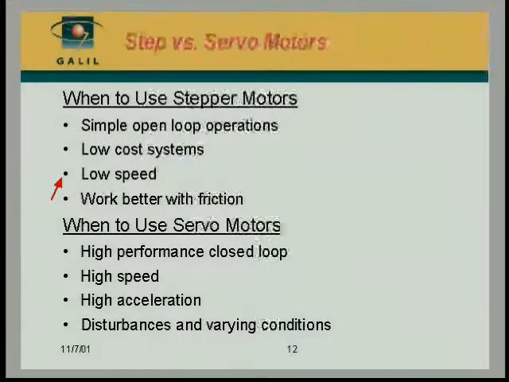Also, if you need extremely high accelerations, those would be the ones. And if the system has disturbances in varying conditions, this is where you need a closed-loop servo system and not a stepper. But as I mentioned earlier, there is room for both the stepper and the servo, and the designer has to decide what are the merits of each technology.